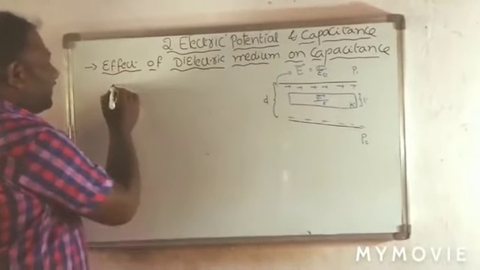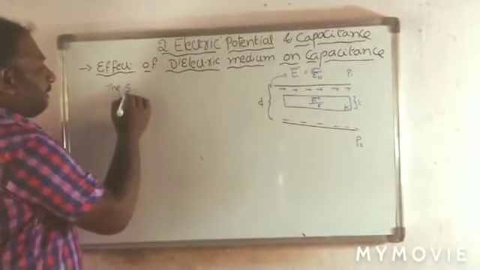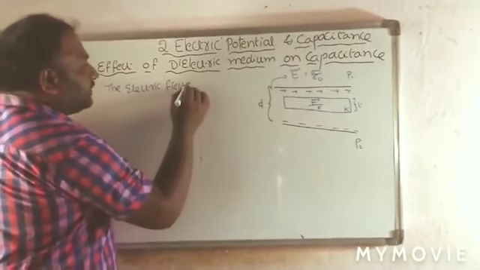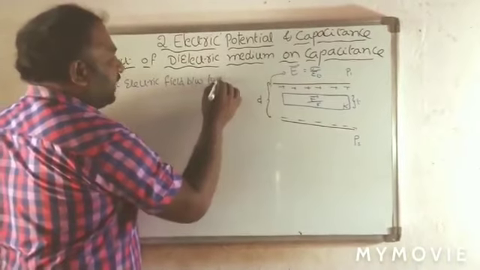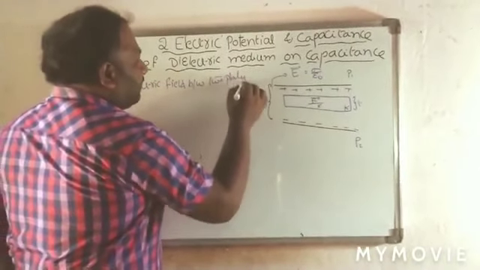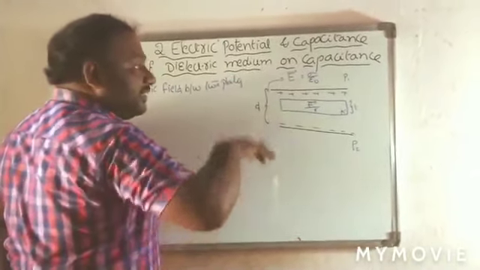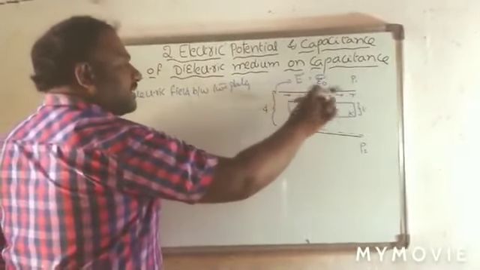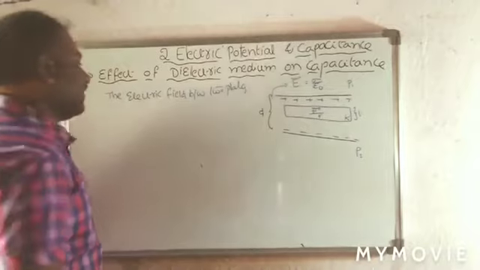So based on that, the electric field between two plates was sigma by epsilon naught in the previous case, but in this case two fields will be there. One is in the free space and another is where the dielectric is introduced.